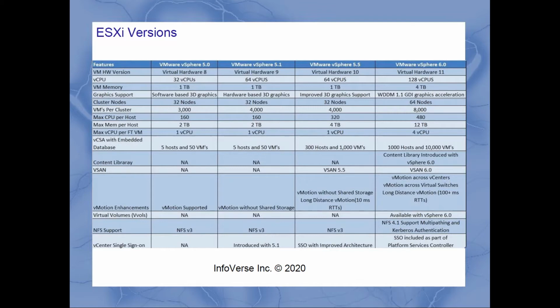We can also see the virtual center is also getting more and more powerful. As we move to VMware 6.0 and later versions, this trend continues. So with newer versions, we're able to support more VMs, more clusters, and very high performance.